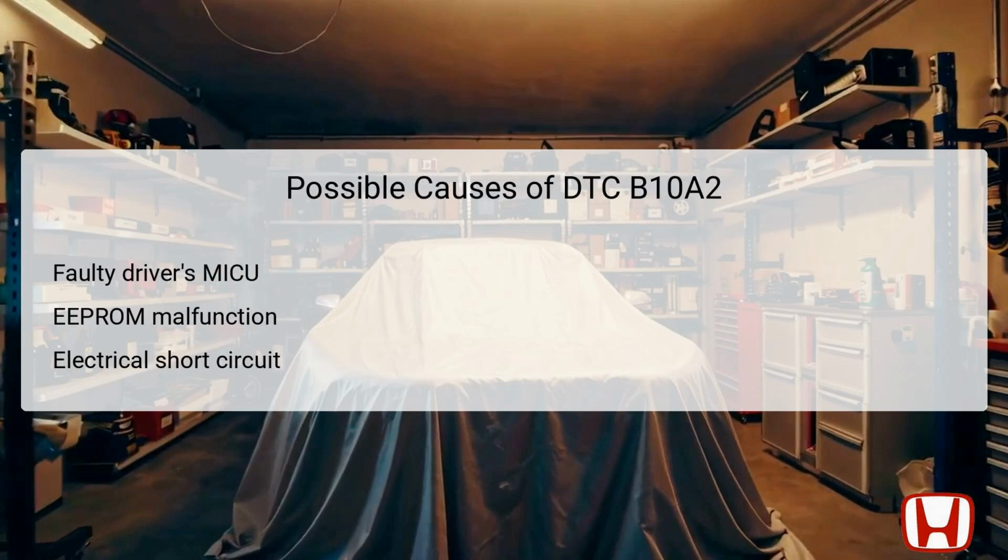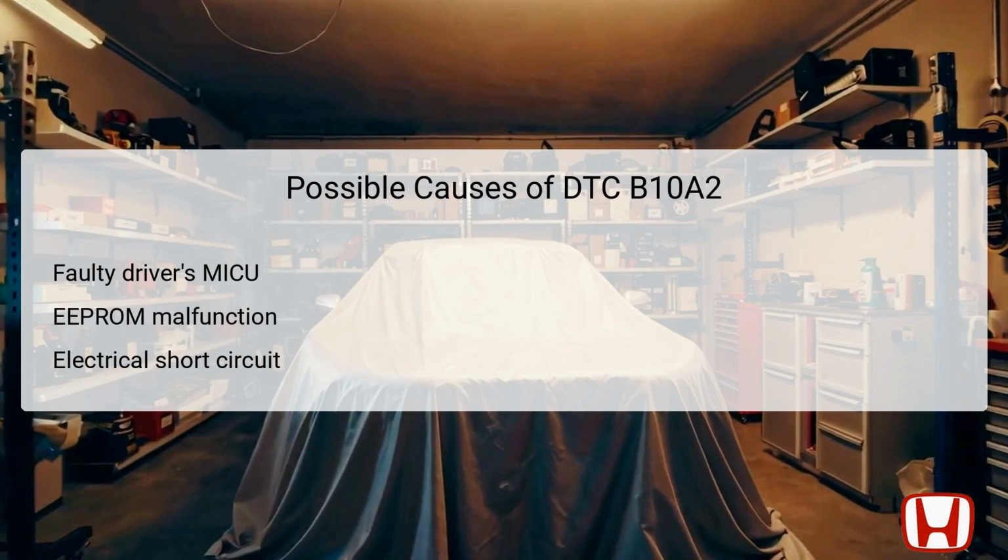There are several potential causes linked to DTC B10A2. A primary culprit could be a faulty driver's Microcomputer Integrated Control Unit, MICU itself, where internal components may have degraded or failed. In some cases, the EEPROM might malfunction due to corrupted data, which can typically arise from electrical surges or failures.